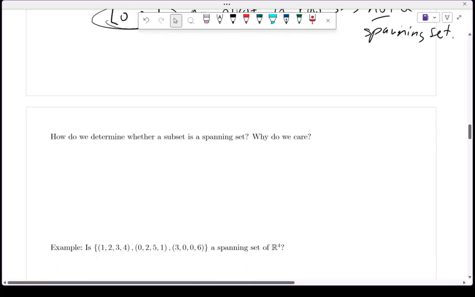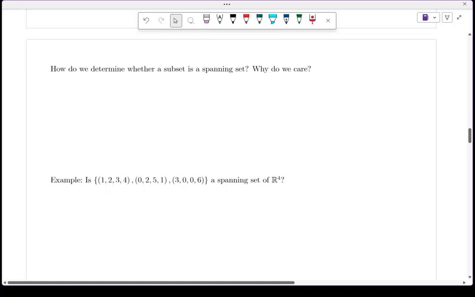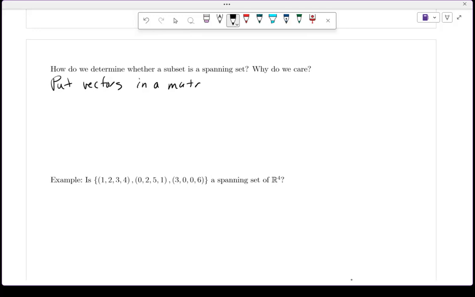All right. So again, here the idea is how can we tell whether it's a spanning set? We're going to put our vectors, whatever they happen to be, in a matrix as columns and row reduce.